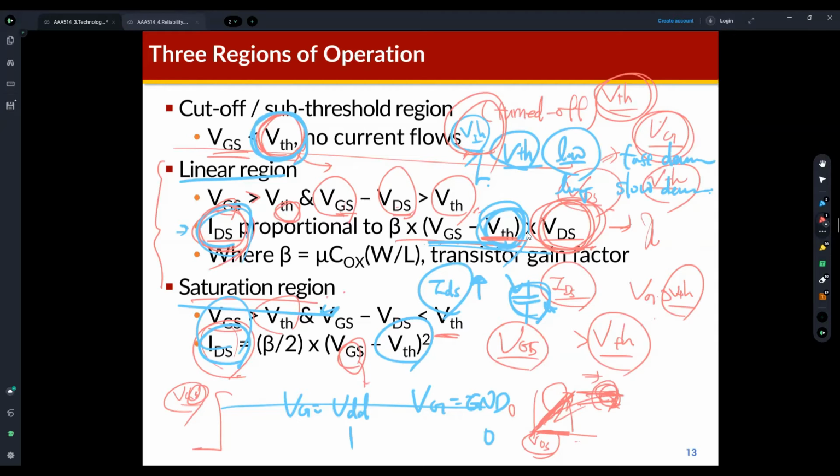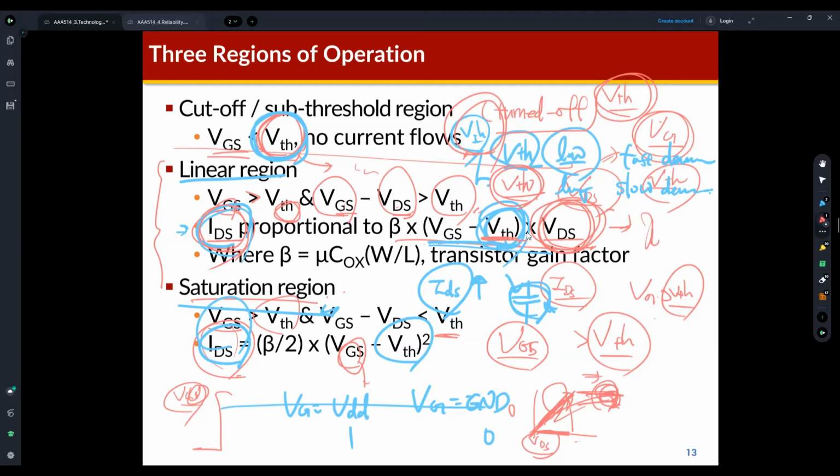But the current between source and drain is influenced by this threshold voltage, and this IDS is very critical for the static power consumption. So the static power can also be controlled by VTH, the threshold voltage.